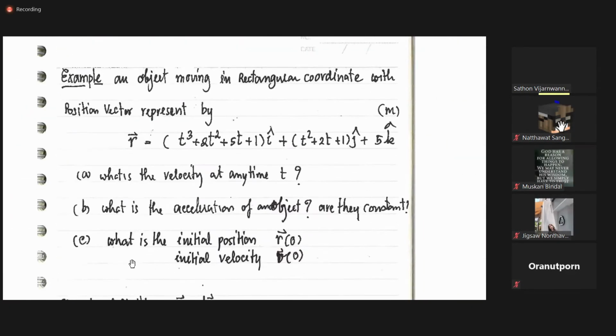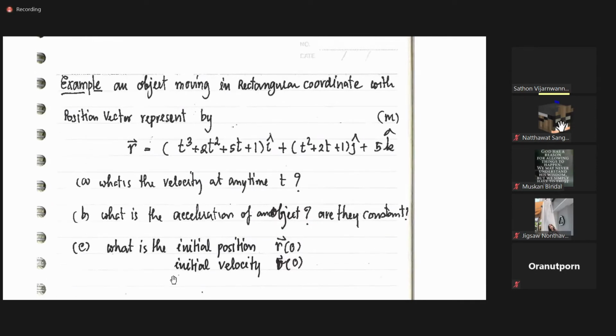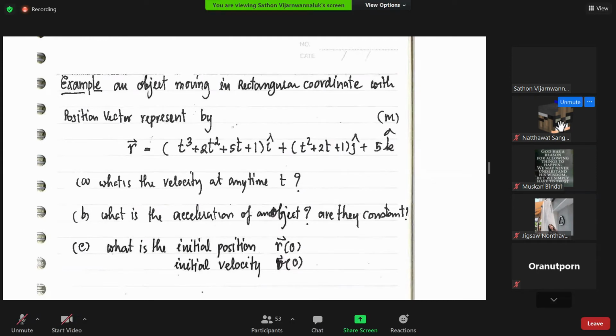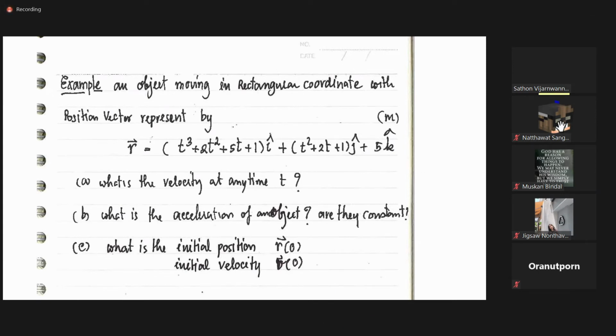Now let's move on to another example that is more complex. This one is an object moving in rectangular coordinates with position vector r equal to (t cubed plus 2t squared plus 5t plus 1) i plus (t squared plus 2t plus 1) j plus 5k.